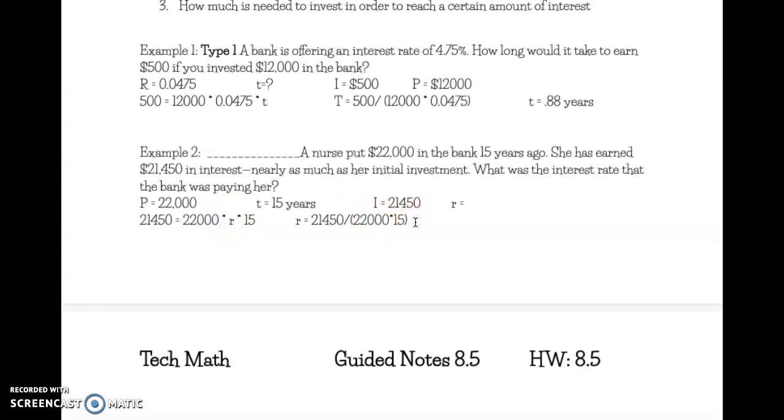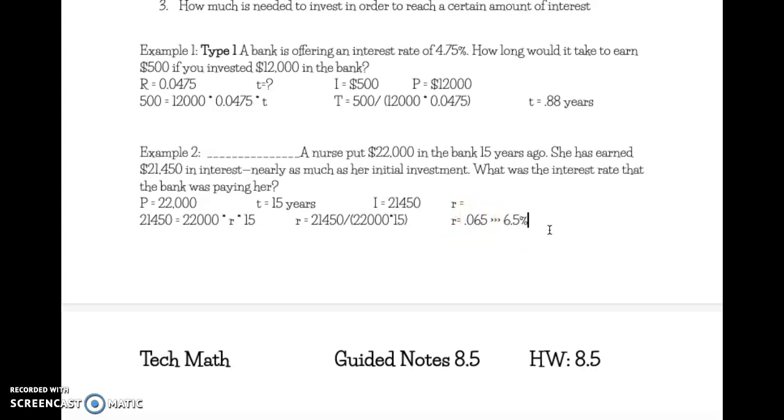And when I do that, I get R equal to 0.065. But that doesn't mean that she only got 0.065%. Remember, we need to turn this back into a percentage. And to do that, we need to move the decimal 2 places to the right.